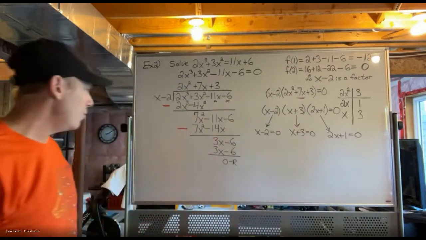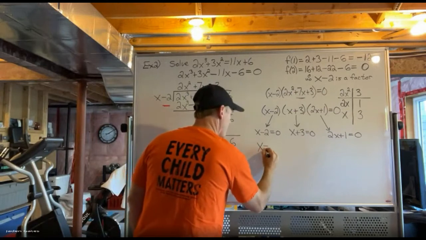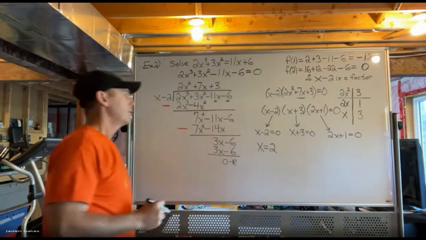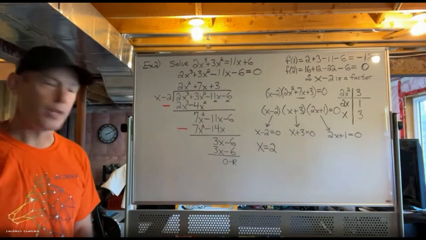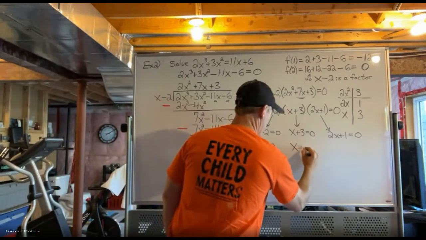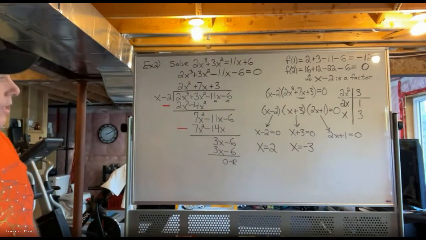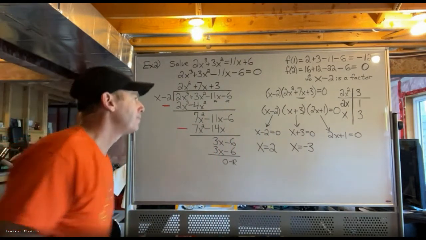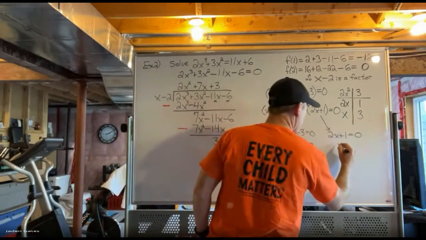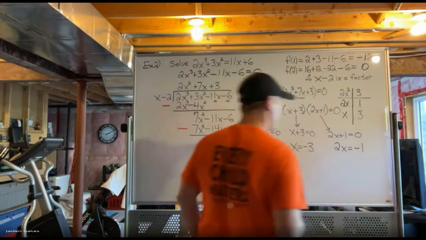So I move the negative 2 over to the other side. One of my answers is x equals 2. I move the positive 3 over to the other side, so the other answer is x equals negative 3. Then my last answer, it looks like I have to do a little bit more work. Move the 1 over to the other side, so I get 2x equals negative 1.